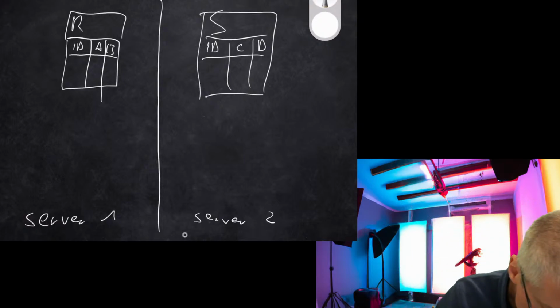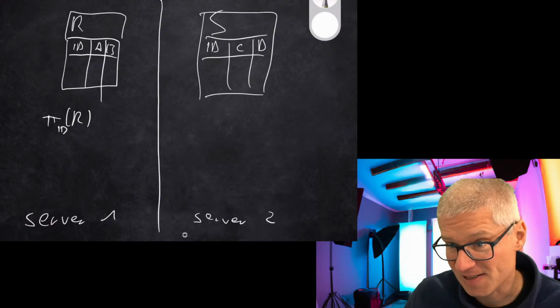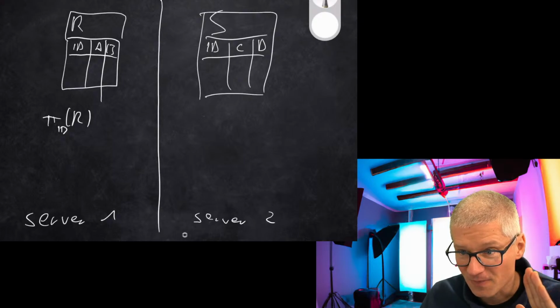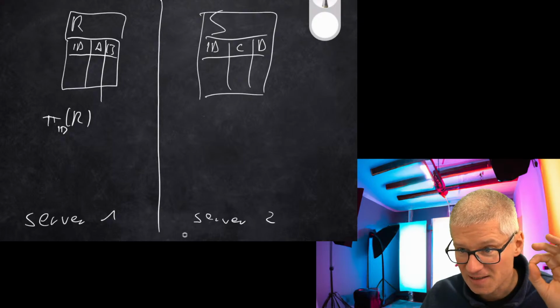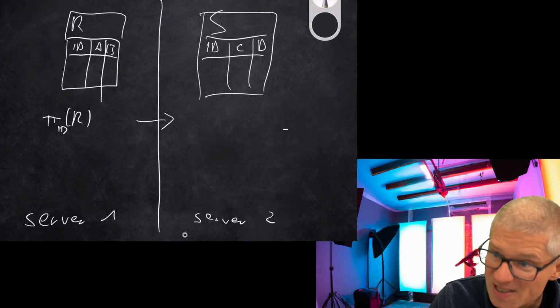So let's assume I do a projection of R on column ID, in the relational algebra sense, saying I only want to have each ID once. So it's a distinct set of IDs of R. Then I send that over to the other server. And on that other server, I actually perform the join with that column I receive.